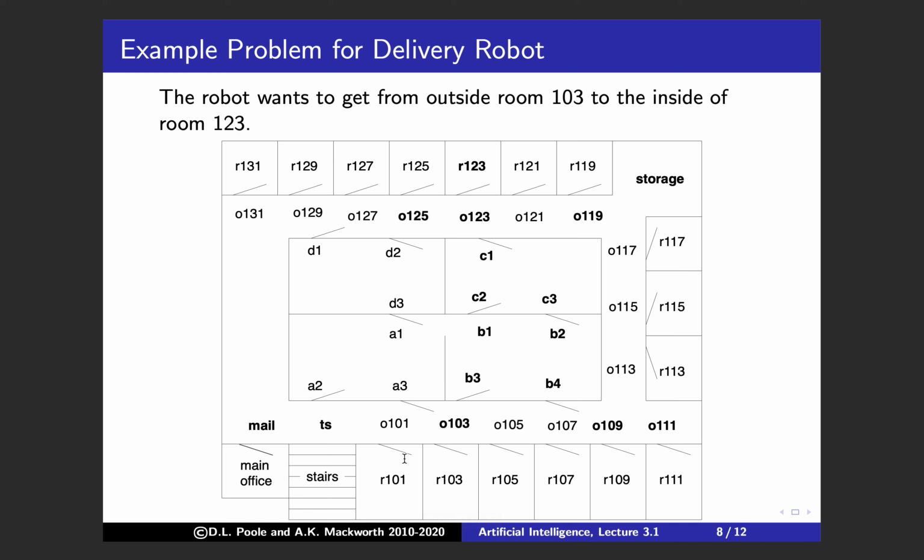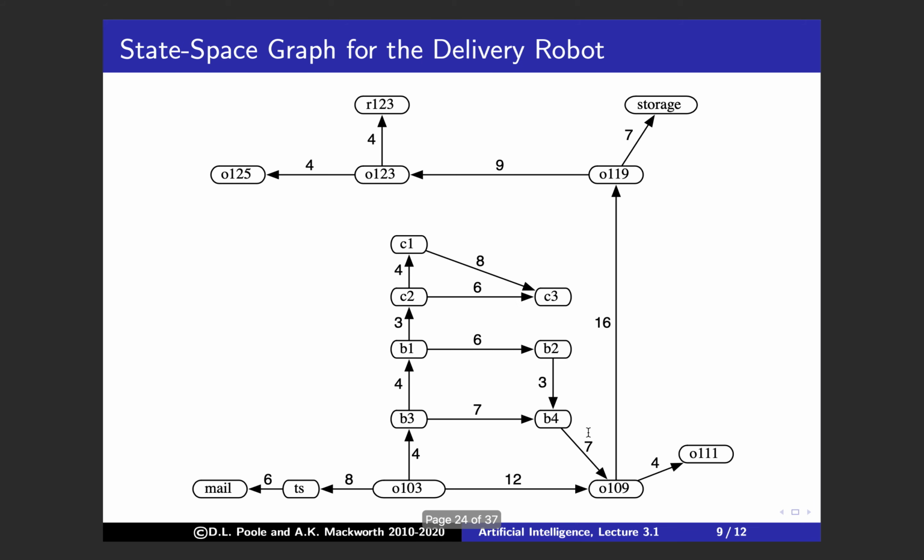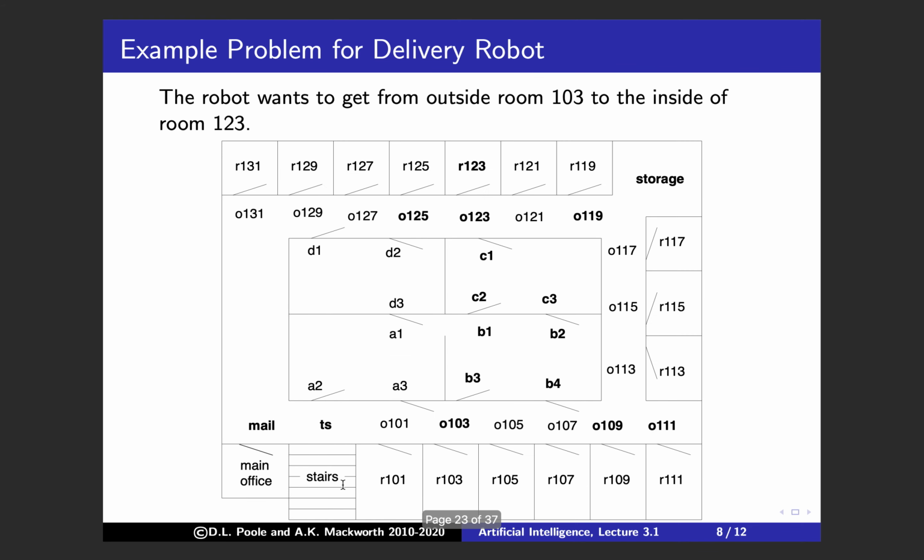So here's an example of this problem for a delivery robot. We've decided to give names to all of these locations, and then we're going to draw a graph of how you can get from one to another. Let's suppose we only include the bolded locations, and we get a graph like that. We can get from 0103 to 0109, 0103 to B3, and 0103 to the top of the stairs.